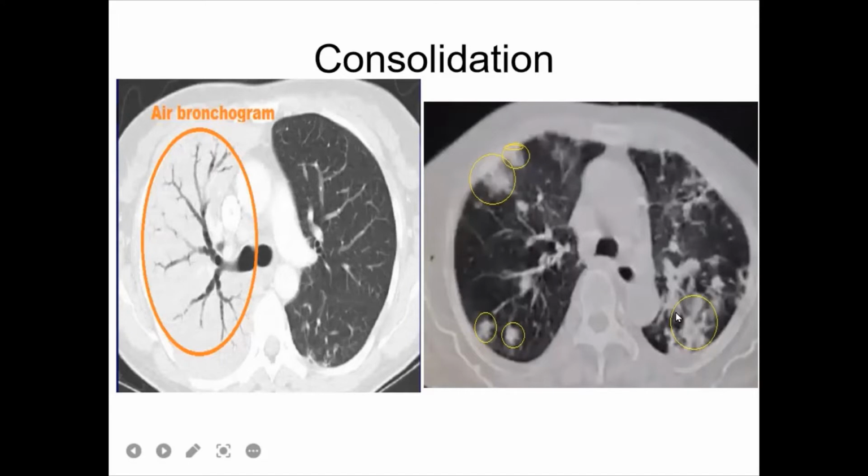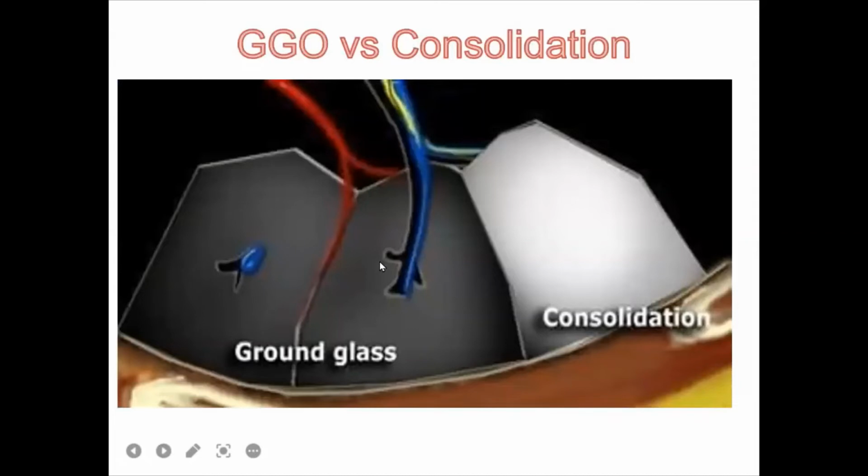These are patchy consolidation. Especially in COVID, you will not see lobar consolidation, but rather patchy consolidation like this. So this is how we can differentiate ground glass opacity and consolidation. In ground glass opacity, the secondary lobule gets partially filled with fluid, and we can see the vessels across this opacity.